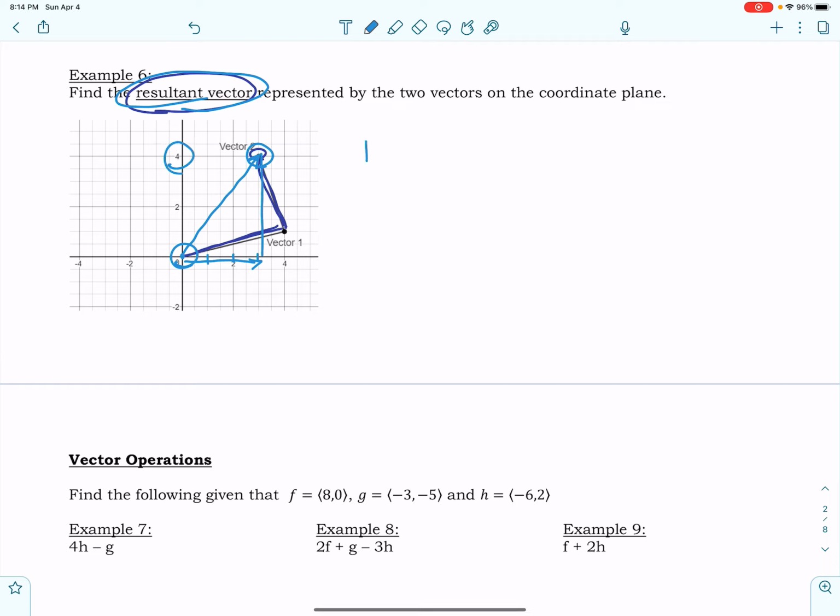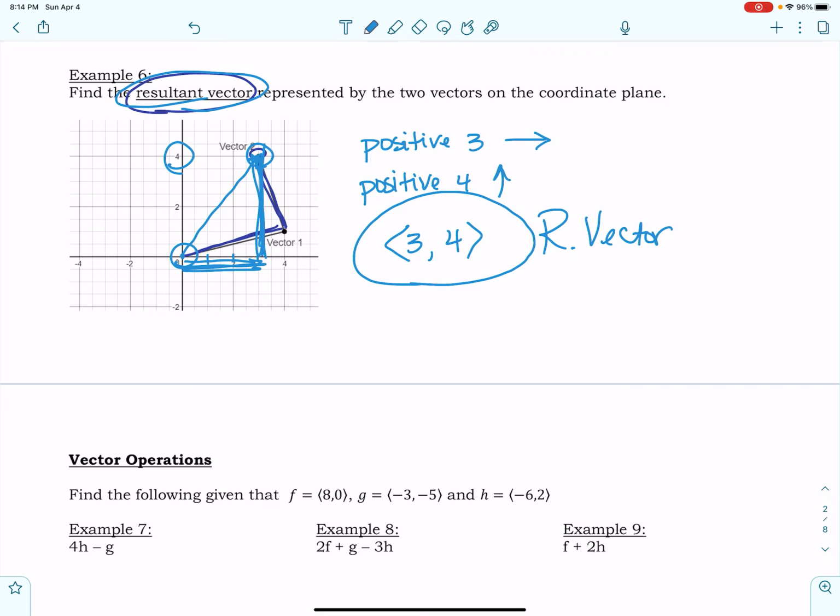So right 3 is positive 3 horizontally, and positive 4 vertically. So the component form of this would be positive 3 in the x position, movement right, and positive 4 in the y position, movement up. That is what my resultant vector would look like.